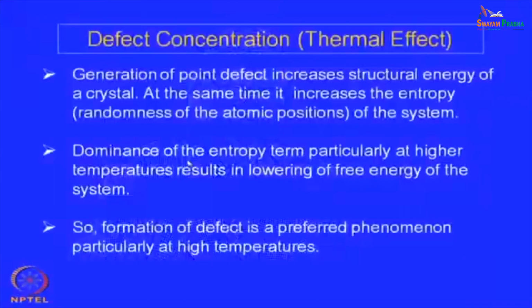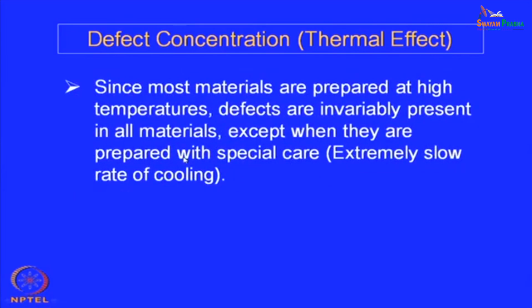Okay. So, depending on the temperature, defects are automatically going to come, and it is a preferred thing from the thermodynamic point of view. Since most materials are prepared at high temperature, defects are invariably present in all materials, except when they are prepared with special care, such as an extremely slow rate of cooling.